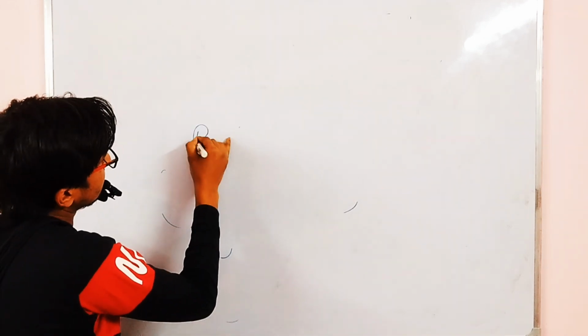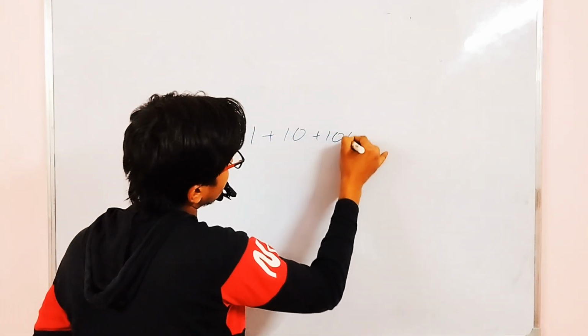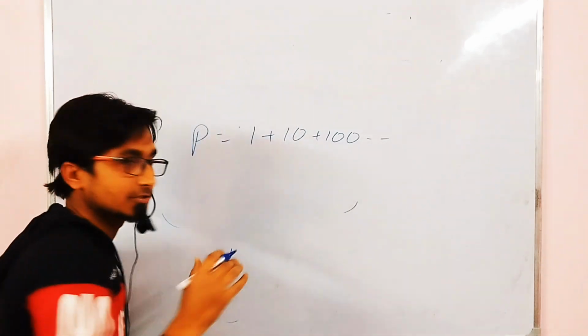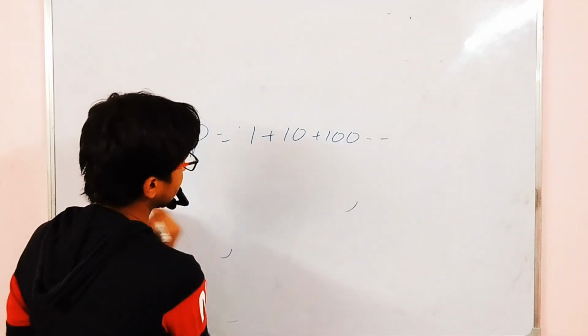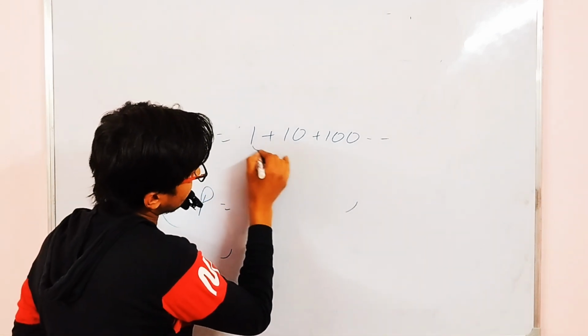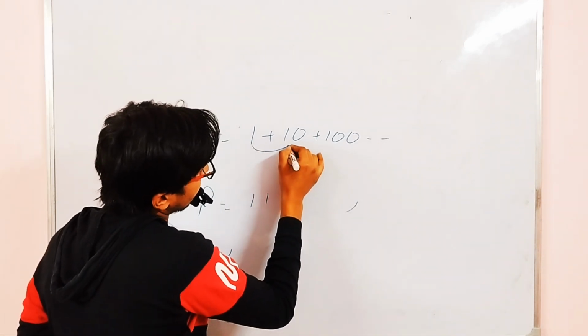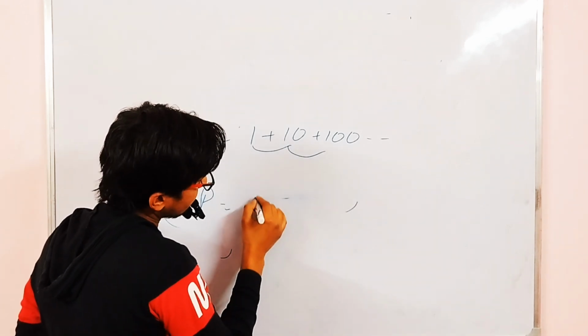If P is 1 plus 10 plus 100 and so on, and I ask you to write the answer, you will write 1, because 1 plus 10 is 11, and 11 plus 100 is 111, and you will write like that.